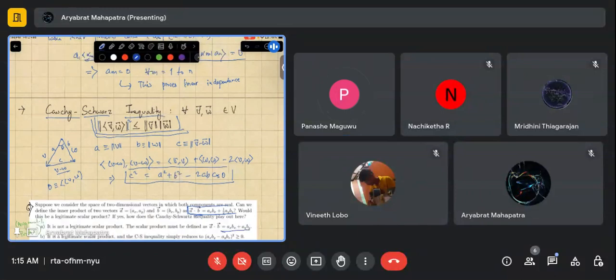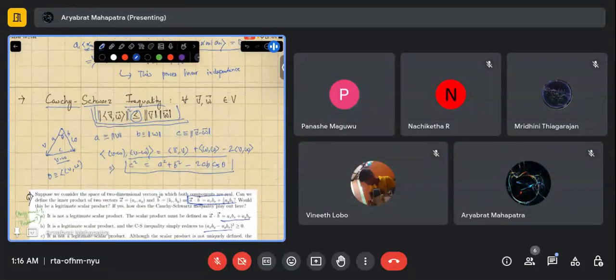One is the inequality part, in which you will have only the less than sign, and the other part is where you will have only the equality sign. As I said, for all inner products, the Cauchy inequality will hold true as long as we are working in Euclidean space.